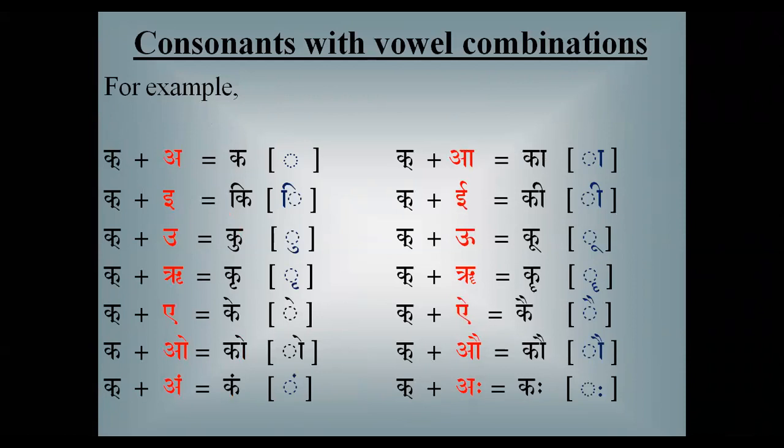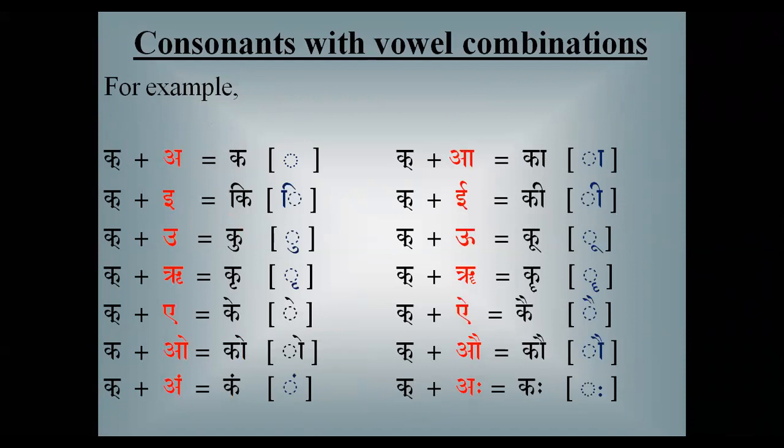The first line you can see is the first letter of the Kavarga plus A. When you add the vowel to the consonant, the first thing that happens is the nether stroke, the stroke at the bottom of the pure consonant, disappears. Therefore, you get the resultant consonant vowel combination ka.